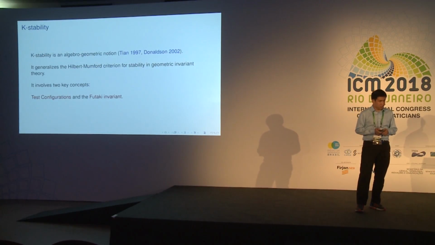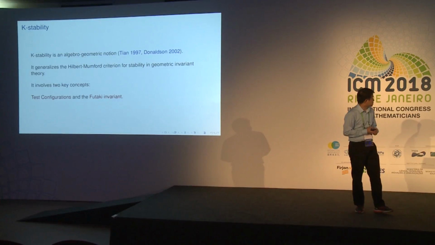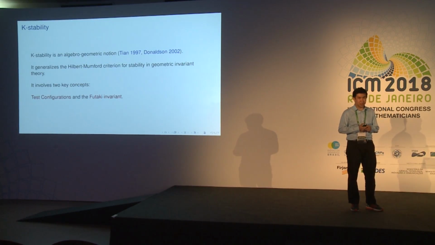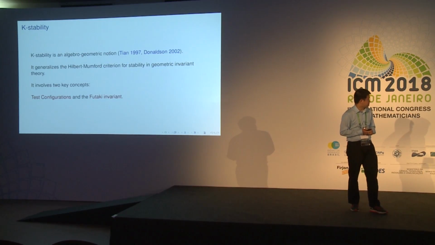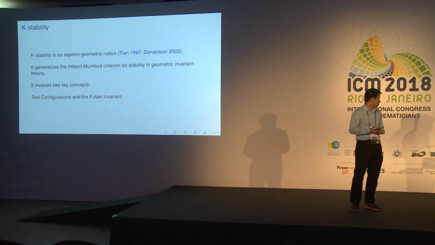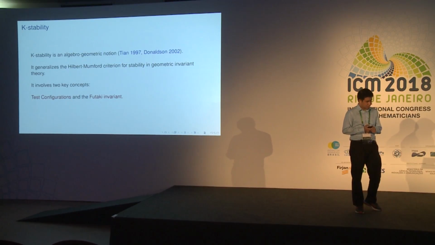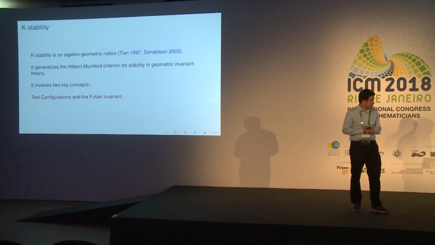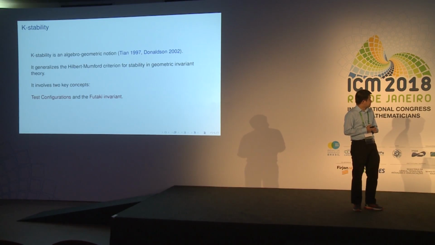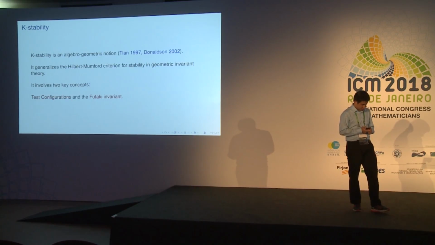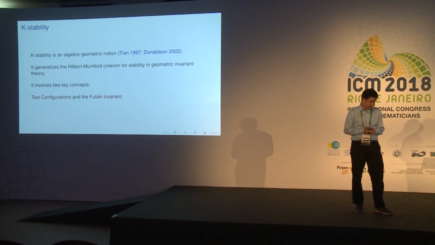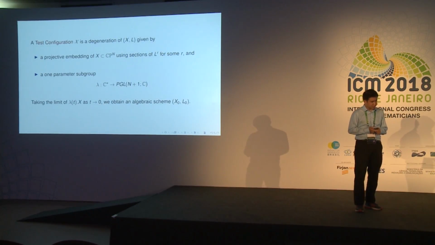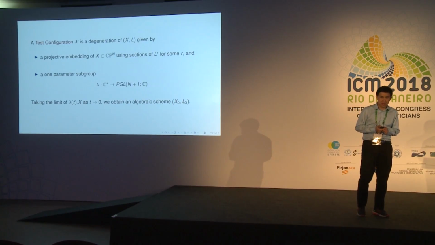Now let's briefly discuss the notion of K-stability. It is an algebraic geometric notion. It generalizes the Hilbert-Mumford criterion for stability in geometric invariant theory, which I mentioned in the beginning for curves. It involves two concepts: test configurations and the Futaki invariant. Roughly speaking, a test configuration is an algebraic way of degenerating.